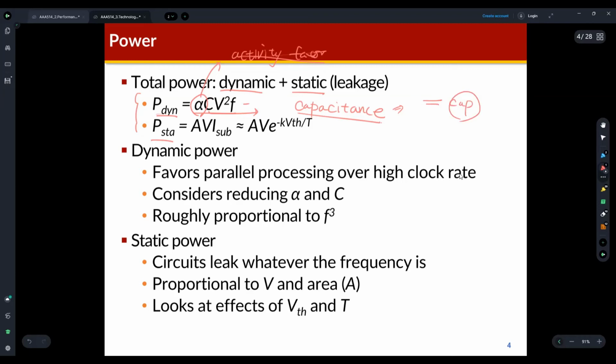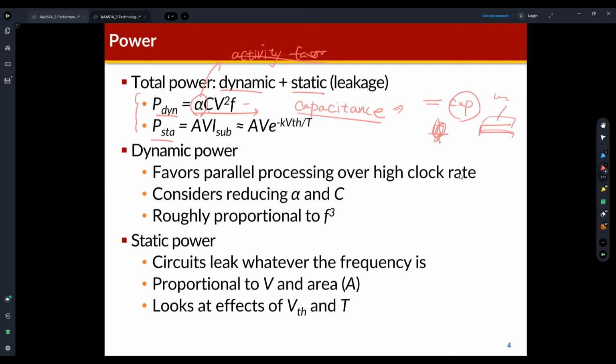Capacitance is proportional to the area of the chip. If you took the electric circuit course, you can remember that capacitance is proportional to the area of the metal plate, and it's area divided by d.